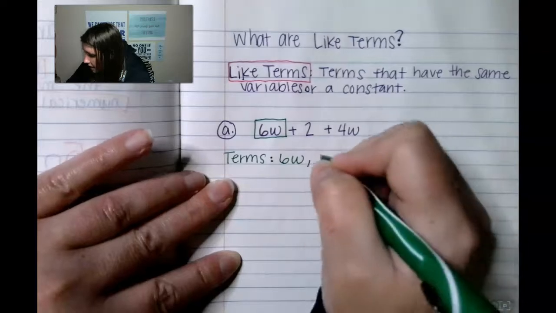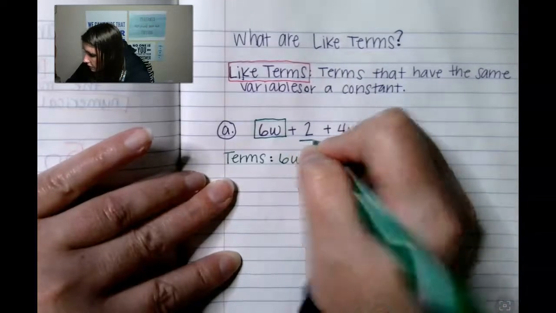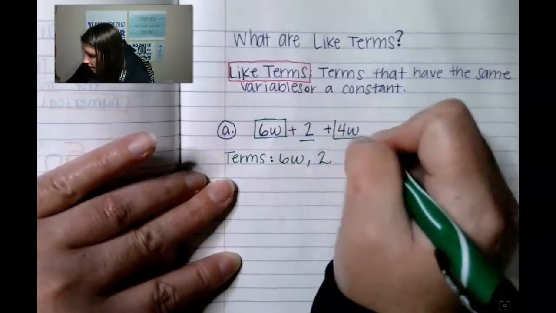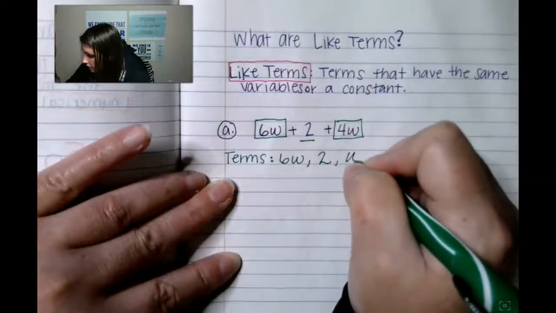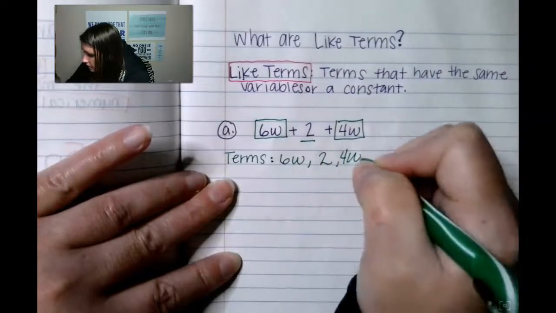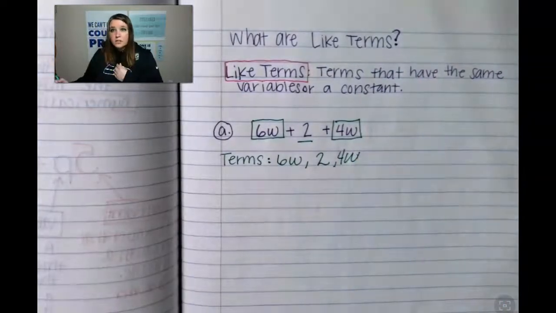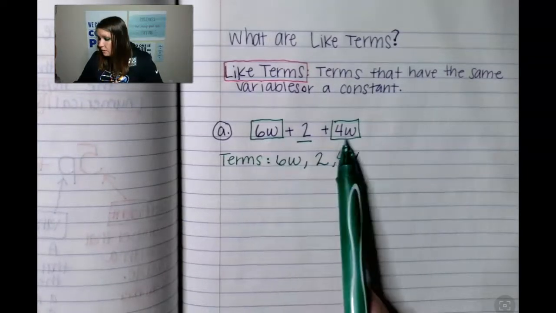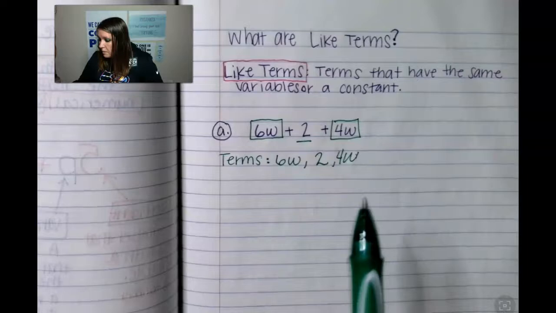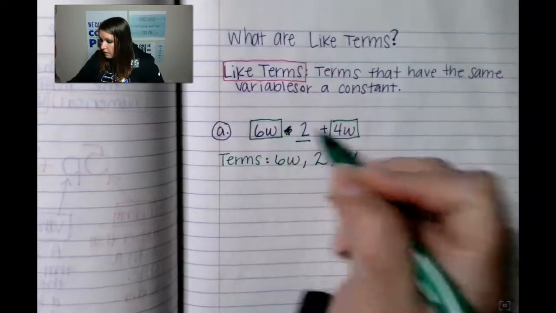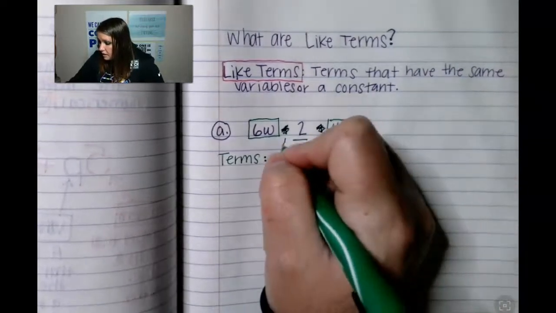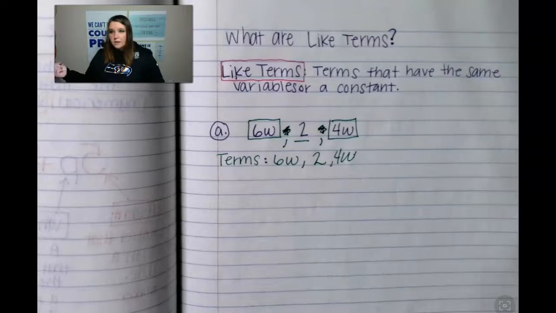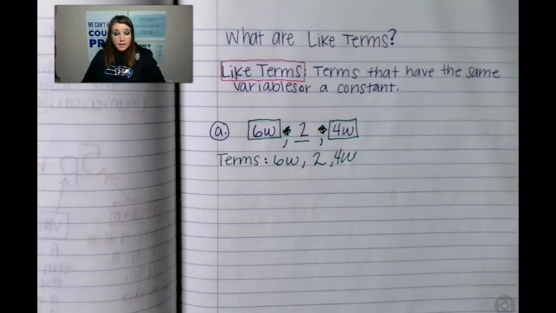We have a 2, and we have a 4W. Those are our terms. Remember, we're just getting rid of our operation and we are putting in commas.